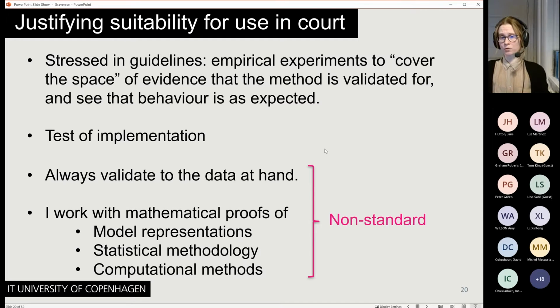And then certainly we should have a test of a specific implementation. So this is like standard computer science, you would say. And then I've tried to add to what I do also the idea of validating to data at hand. Model checking can of course also be used in terms of empirical experiments. I can say the model says I have this expected behavior, and then I can systematically check that empirical experiments respect that.